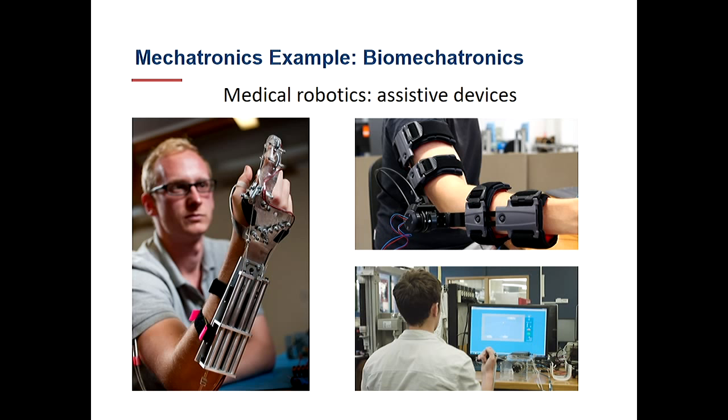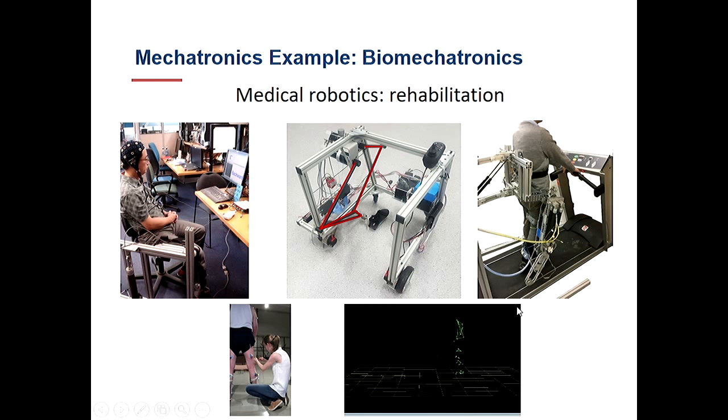Maybe someone has an injury or a disability, or else it can be used for manufacturing and production lines. As I said, this is an elbow exoskeleton. We integrate them with games to help people perform their rehab.